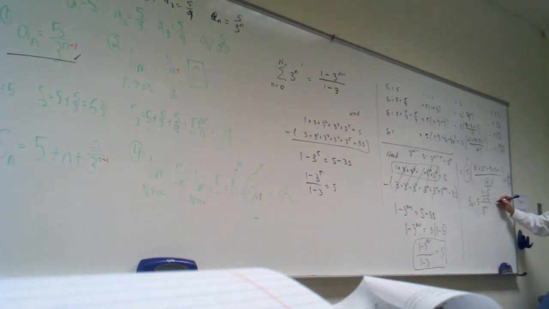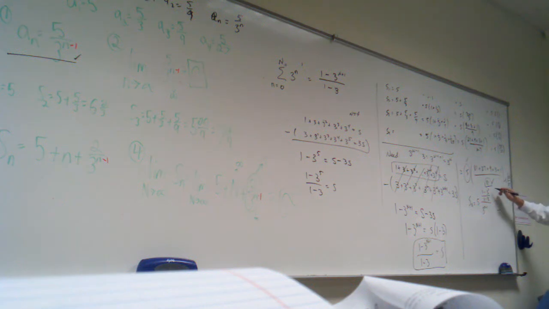Let's check. If I put 2 in, I get 1 minus 3 to the first over 1 minus 3. I get 1 out. Oops. Wanted to agree with A1.